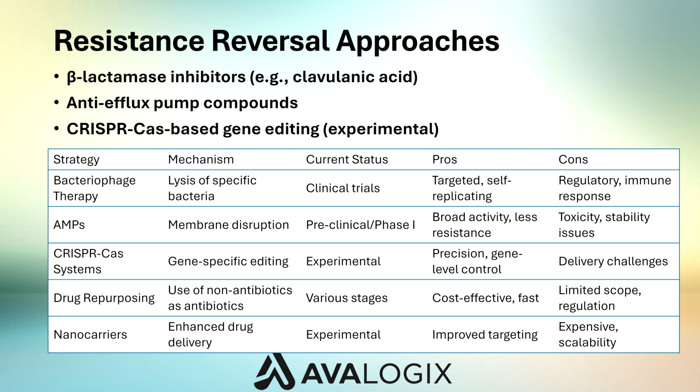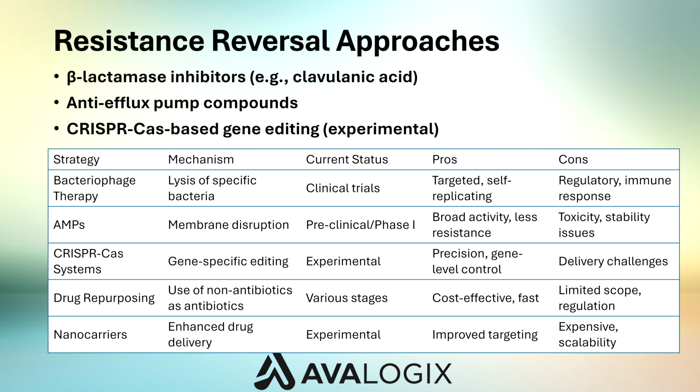CRISPR-Cas systems offer a high-tech option. They can be programmed to target and cut resistance genes in bacterial genomes or plasmids, effectively de-resisting the population. Collateral sensitivity is a fascinating concept where resistance to one drug makes bacteria more vulnerable to another. If we can map these relationships, we might design treatment cycles that select against resistance.